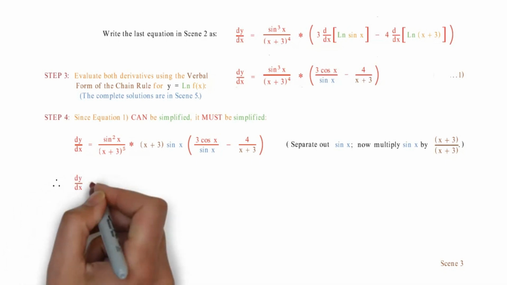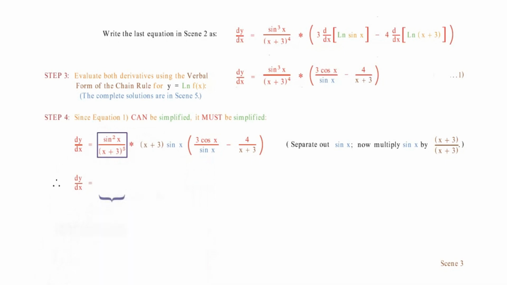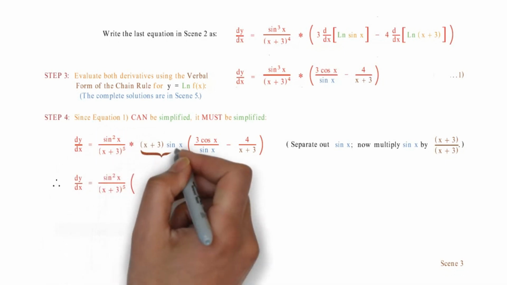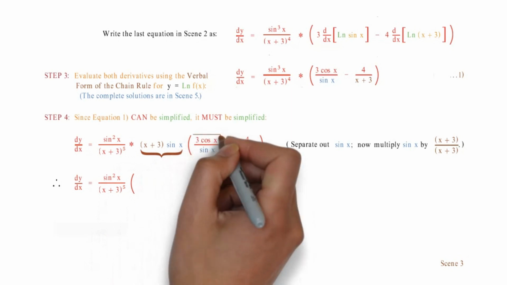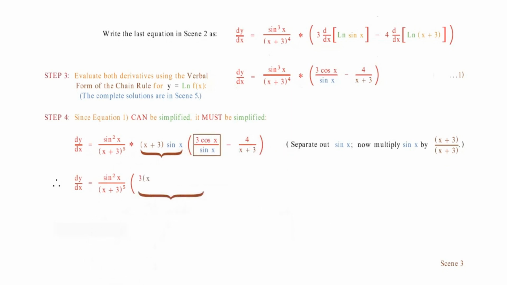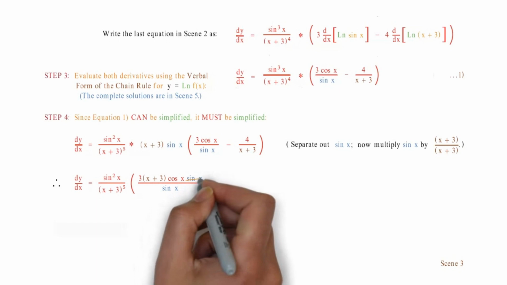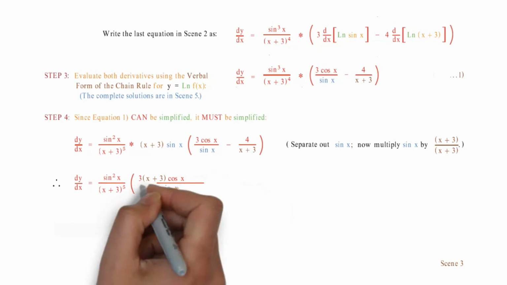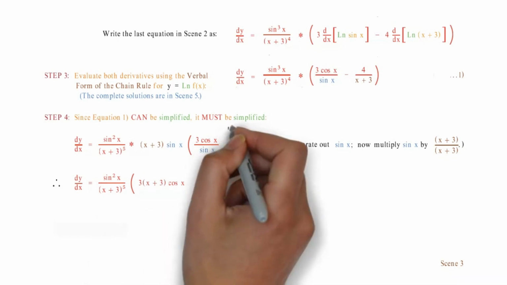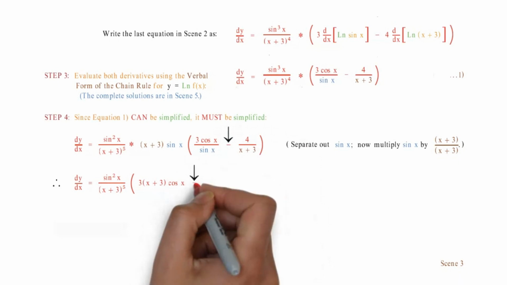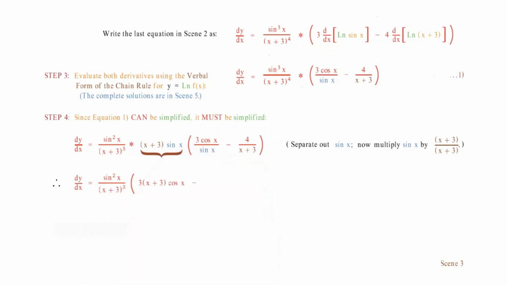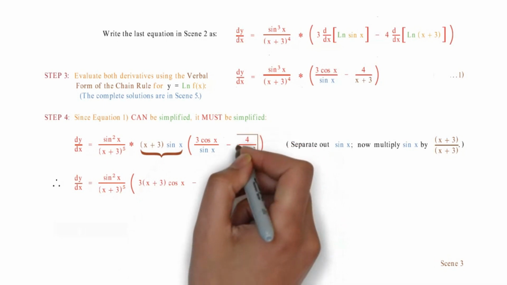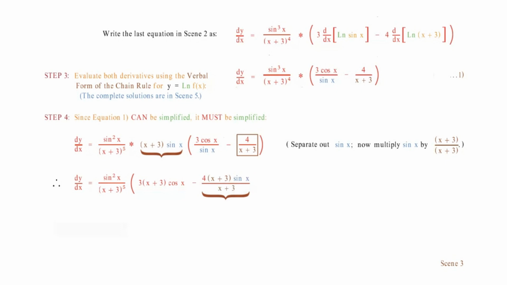Therefore, dy by dx equals, bring down. This expression times this quotient is this expression. Cancel sine of x with sine of x. Minus is minus. This expression times this quotient is this expression.